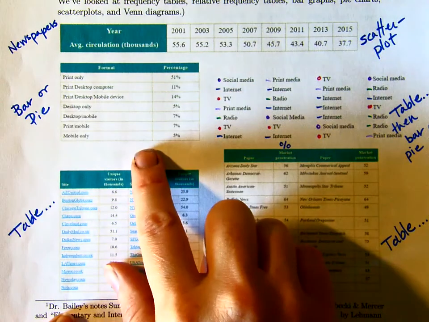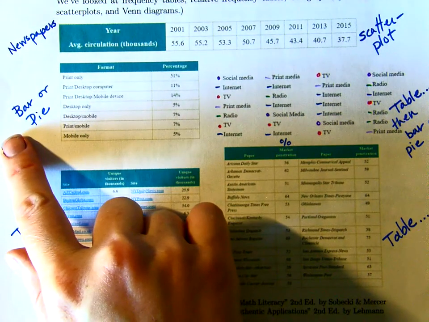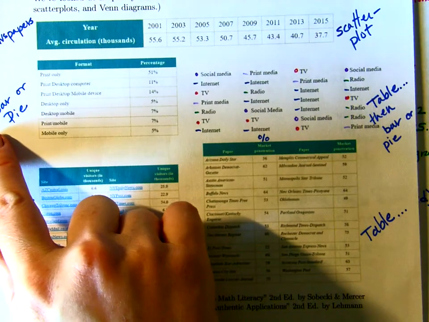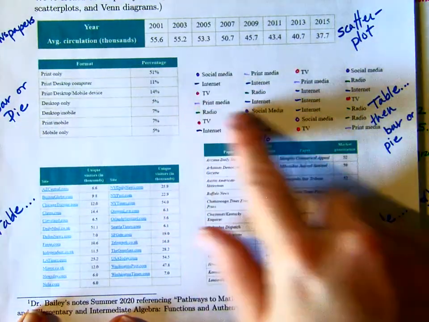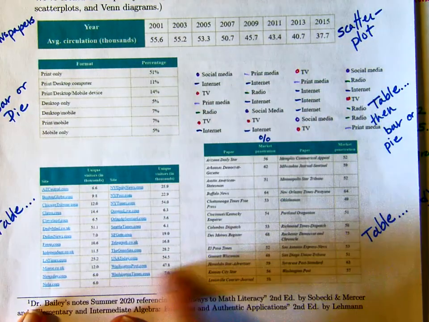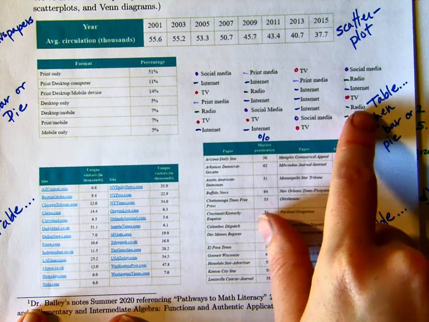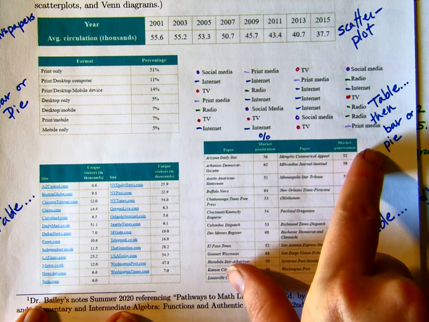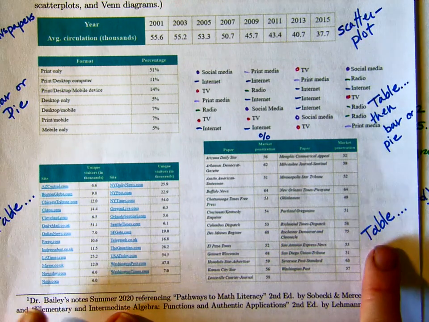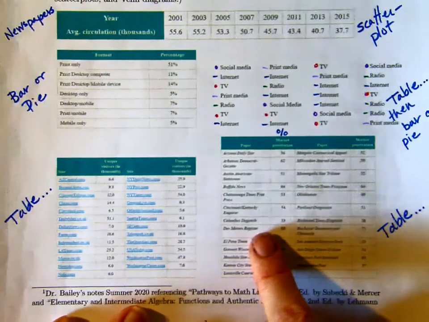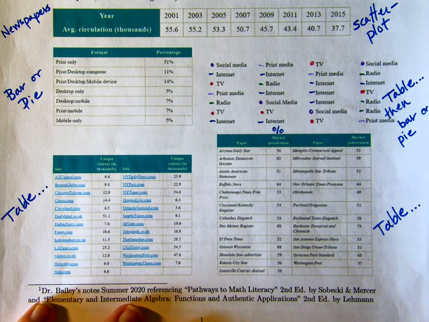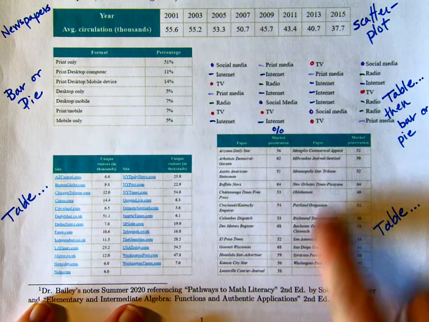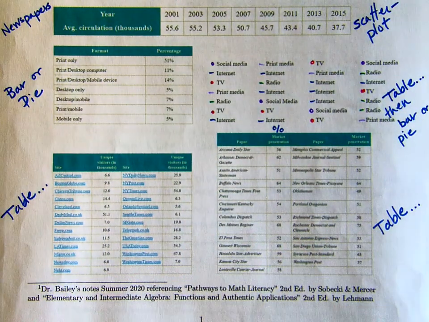This had already been organized, so we were immediately able to put it into a bar graph or pie chart. The rest of this was raw data. So we first started by putting it into tables, and then we picked, should this be a bar graph, or should these two actually become histograms because the data is numerical measures.